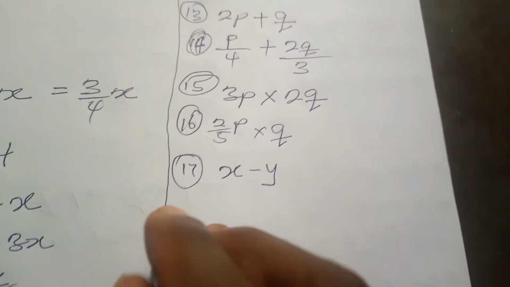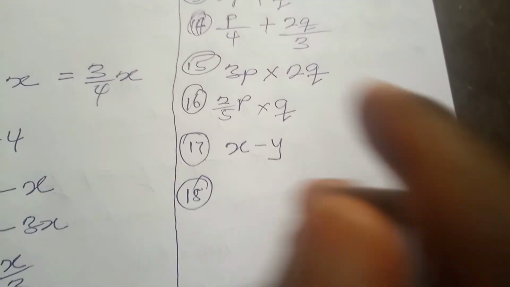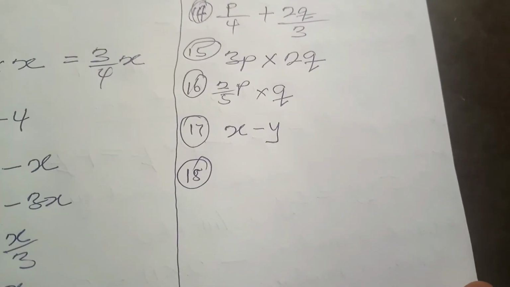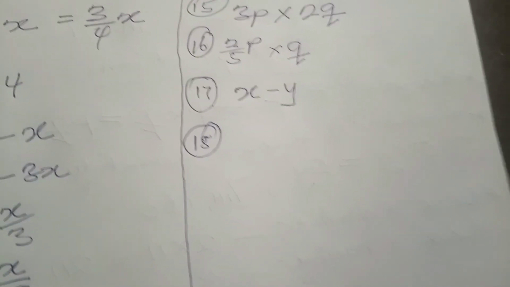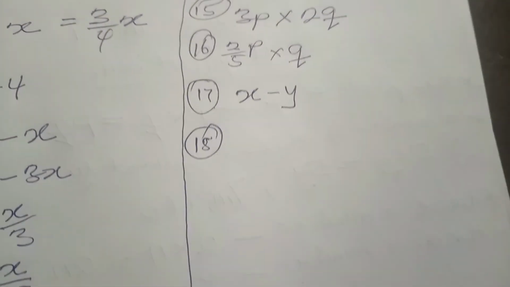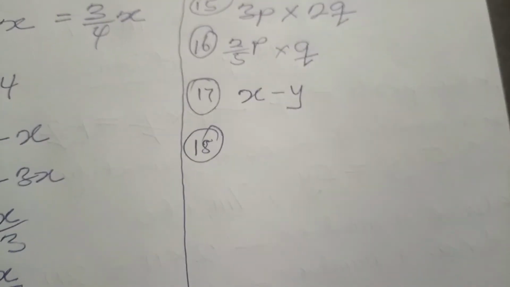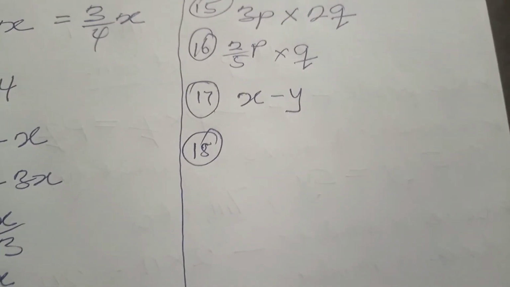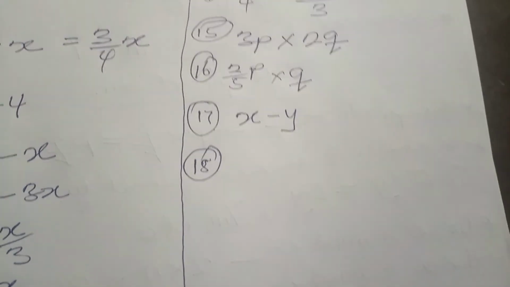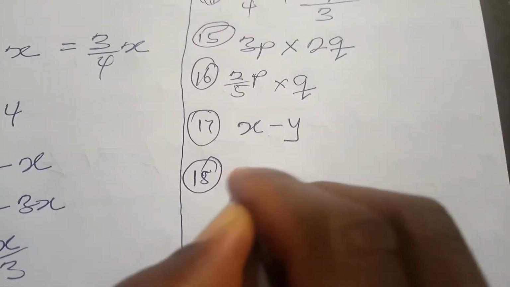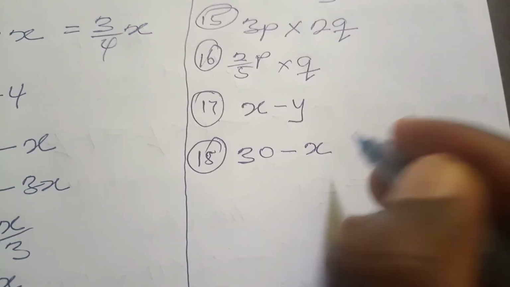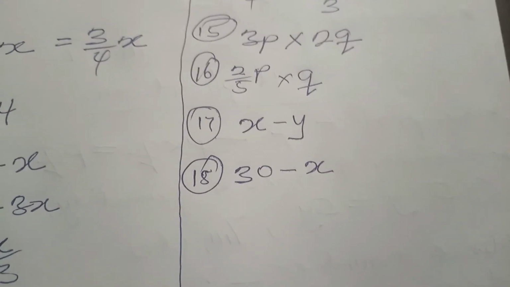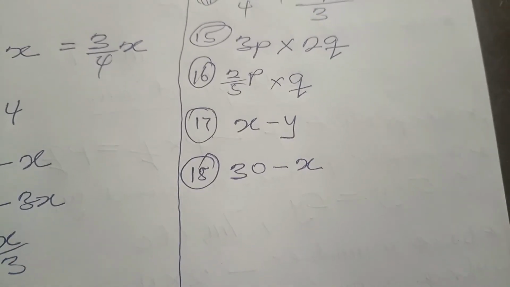So since they gave us the number of boys, the number of girls will be the total minus the number of boys. So an expression for the number of girls in the class will be 30 minus x.